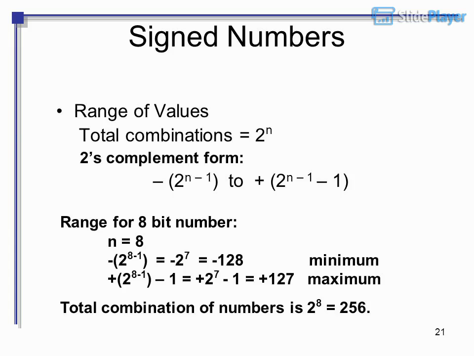Range of values: the total combinations equal 2^n. For 2's complement form, the range is minus 2^(n-1) to plus 2^(n-1) minus 1. For an 8-bit number, n equals 8, minus 2^7 equals minus 128 minimum, plus 2^7 minus 1 equals plus 127 maximum. The total combination of numbers is 2^8 equals 256.